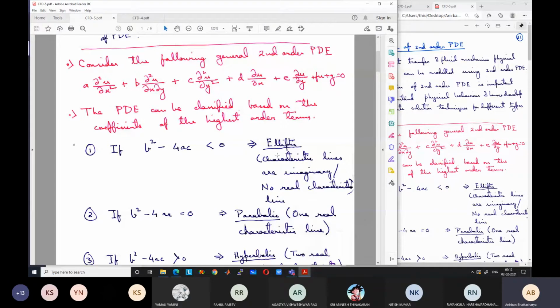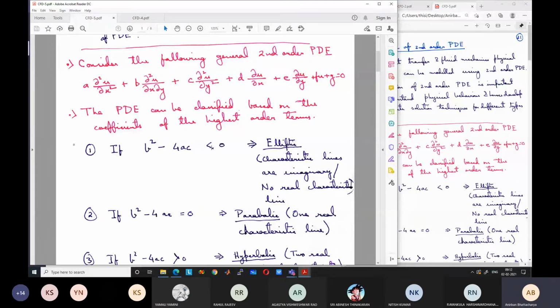Okay. This can be derived also, but we will not derive it in this course. If you are interested, you can take a look at any of the books and you will be able to see how this is derived. I will give you the brief idea about what is the significance, why we get this type of term b square minus 4ac. But if b square minus 4ac is less than 0, we call it an elliptic equation.